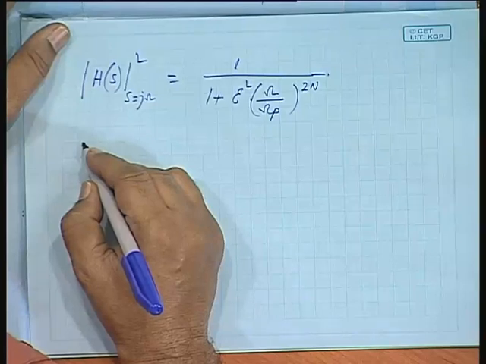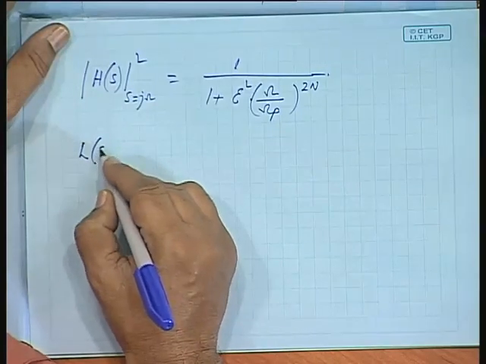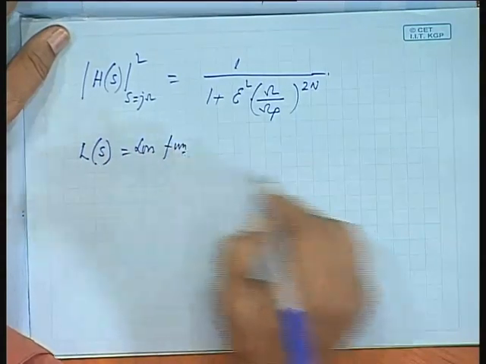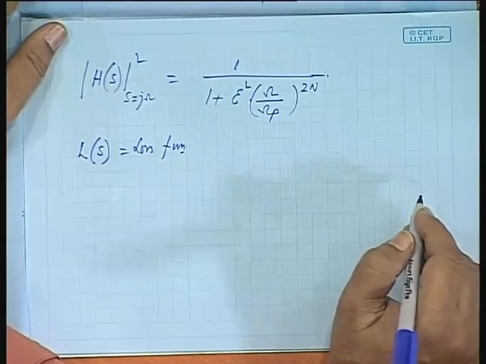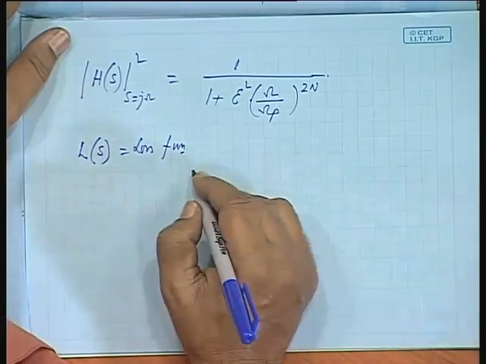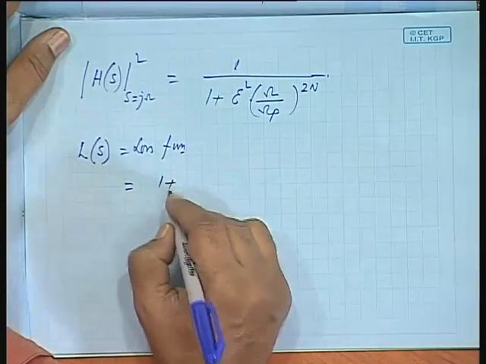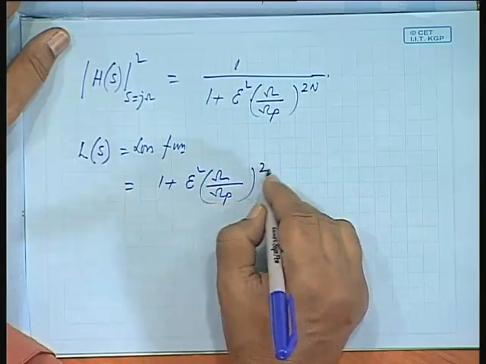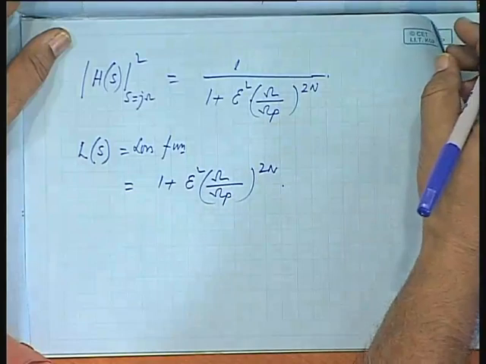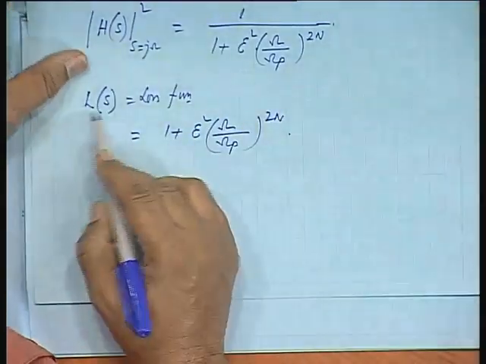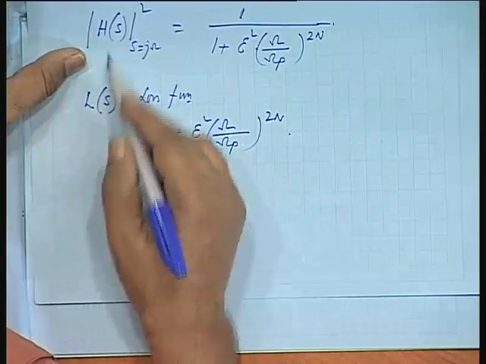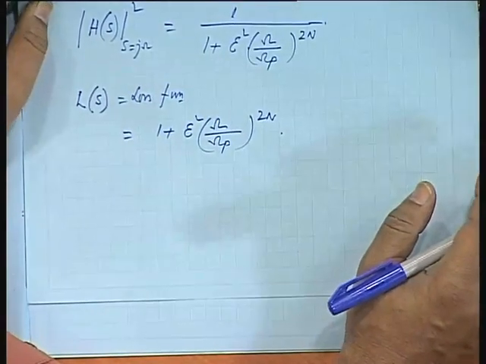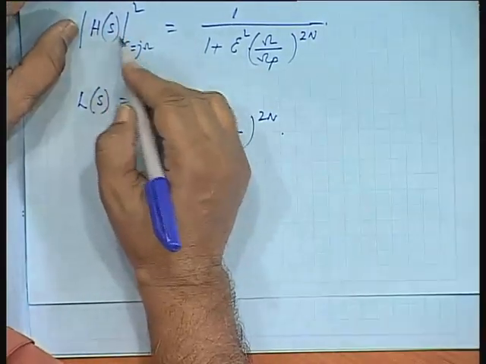So, we also define a loss function. Instead of gain, we define a loss function, and that may be 1 plus epsilon squared (omega by omega p) to the power 2n. Basically, loss means in terms of power, so square of that, 1 by H(s) squared. H(s) is basically the output by input signal gain. So, power gain will be the magnitude of H(j omega) squared.